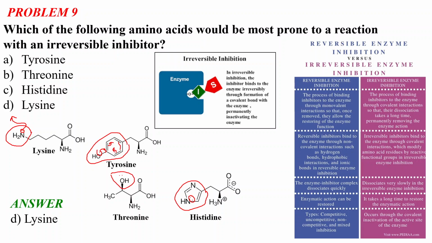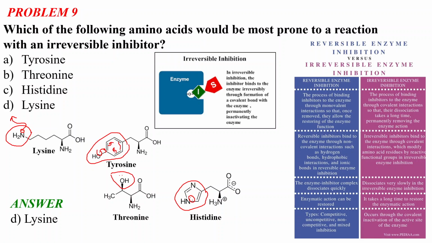The enzymatic action can be restored in reversible inhibition, but in irreversible inhibition, it takes a long time to restore the enzymatic action. There are various types of reversible inhibition like competitive, uncompetitive, non-competitive or mixed inhibition, but irreversible inhibition occurs through the covalent inactivation of the active site. So, covalent inhibition is also called irreversible inhibition.